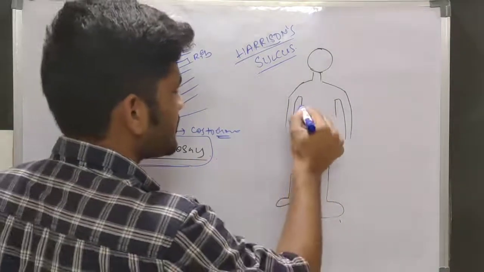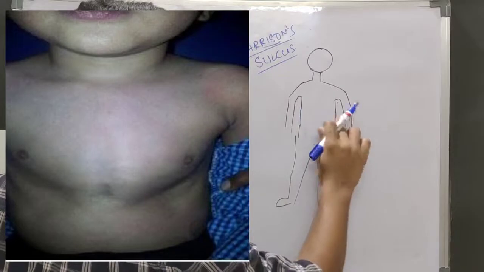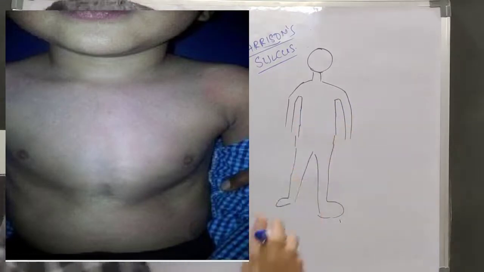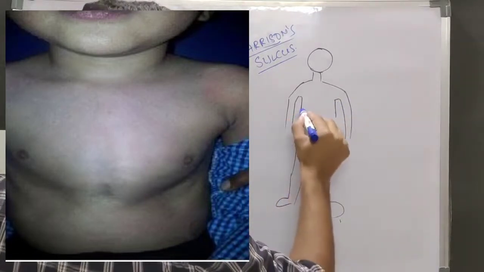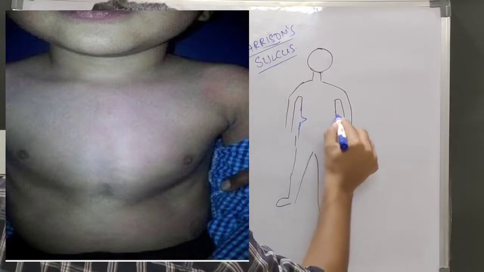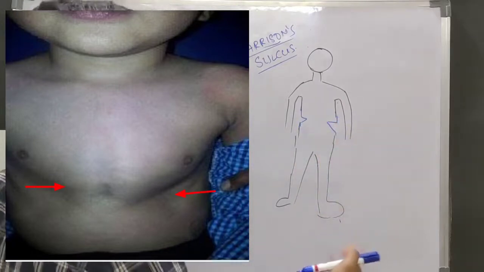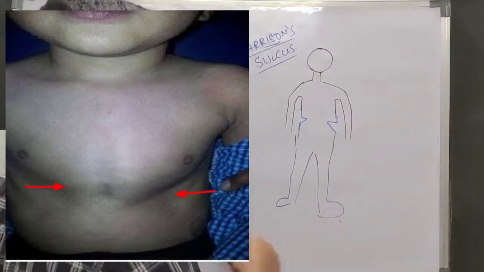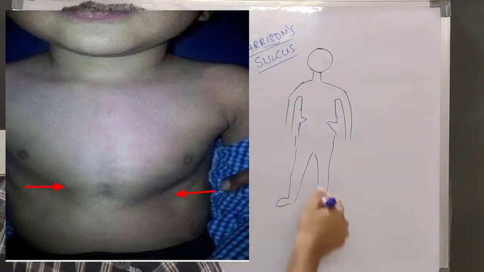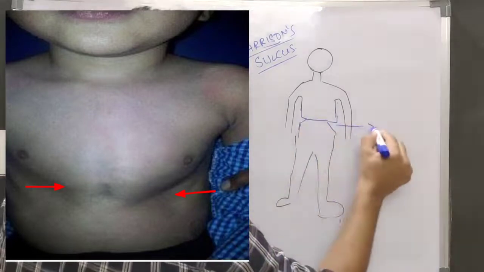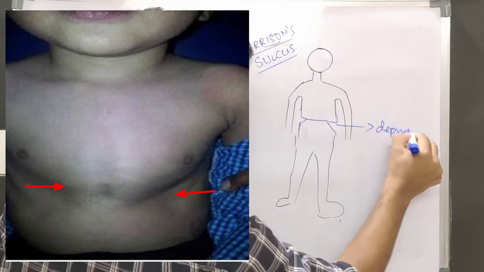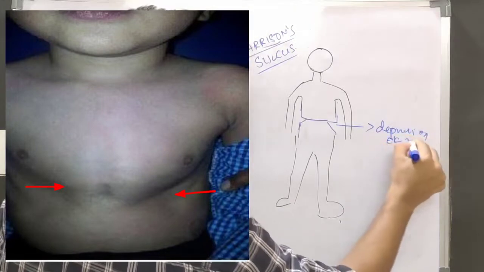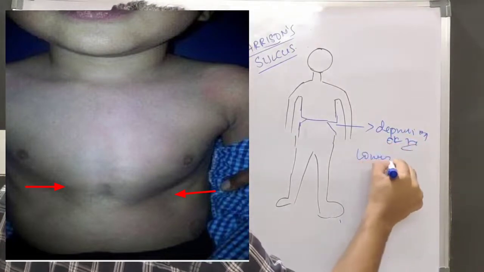Generally, the chest wall will be like this, but in a patient with rickets, there is a depression of the chest wall. You can see the clinical photos here. There is a depression of the lower chest wall.